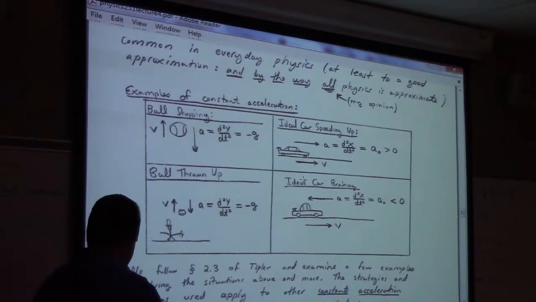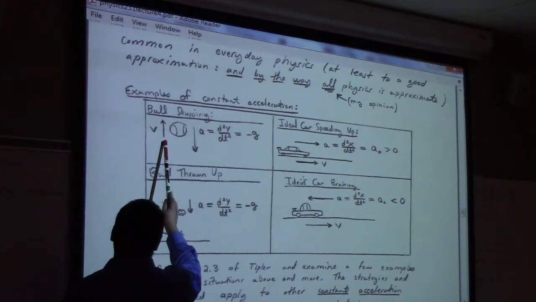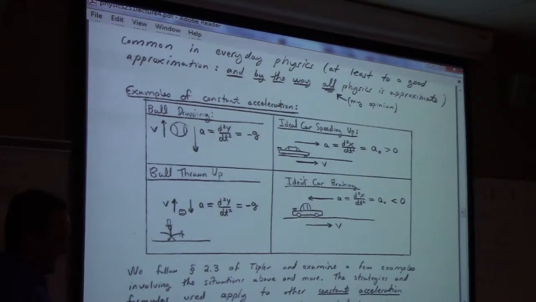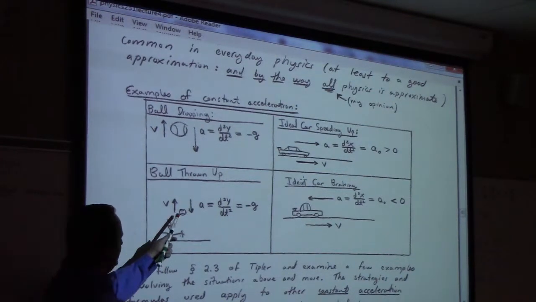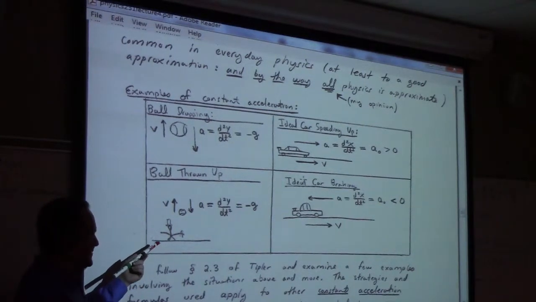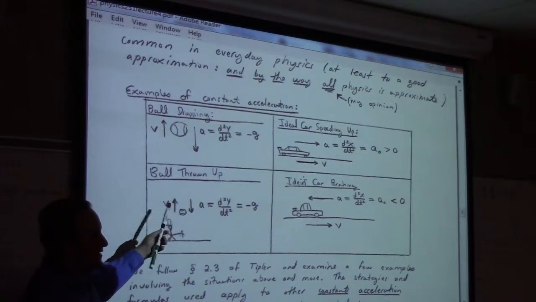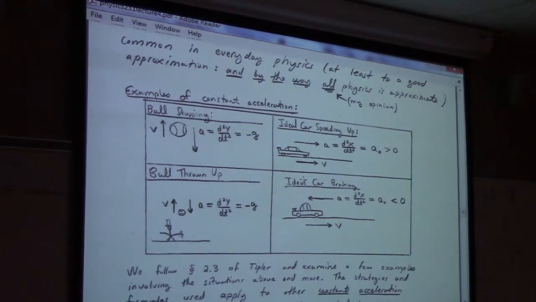So, can you tell me what direction this arrow should be going if the ball is dropping? You could say you dropped the ball. My point to you is whether the ball is dropping or decelerating upward or being thrown upward, either case, gravity does this.